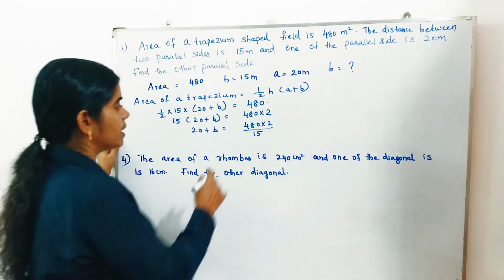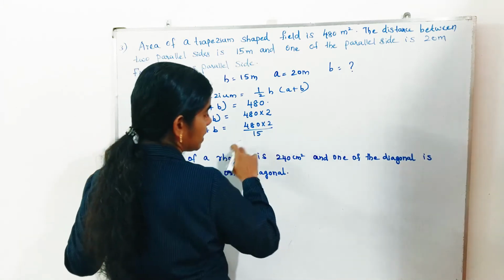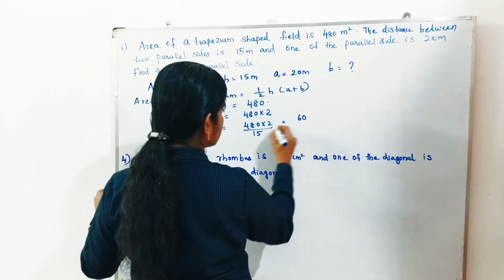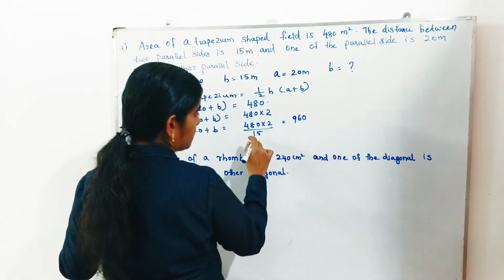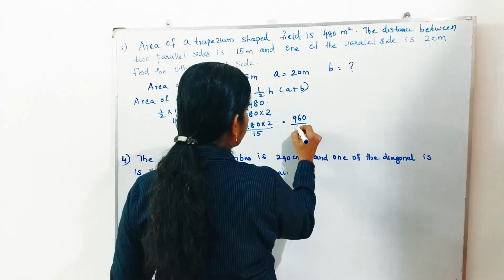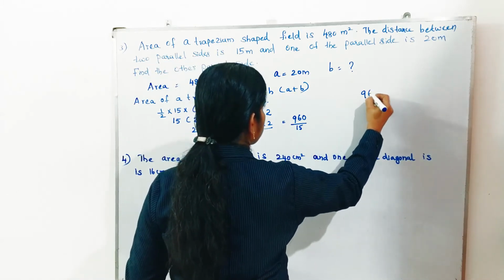We can make this small and divide. 960 divided by 15.